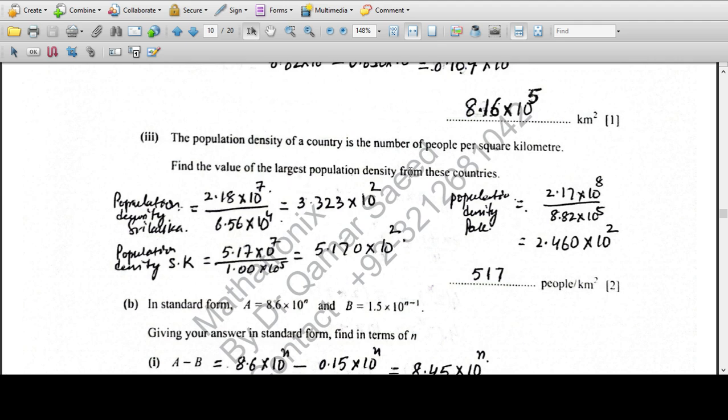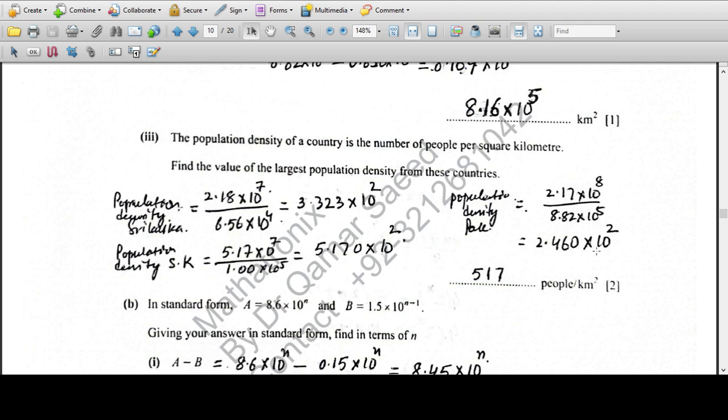This is: find the value of the largest population density. So the largest population density is 5.170 × 10^0. If we shift this point, then 517 people per square kilometer is the population density of South Korea, which is very, very high.